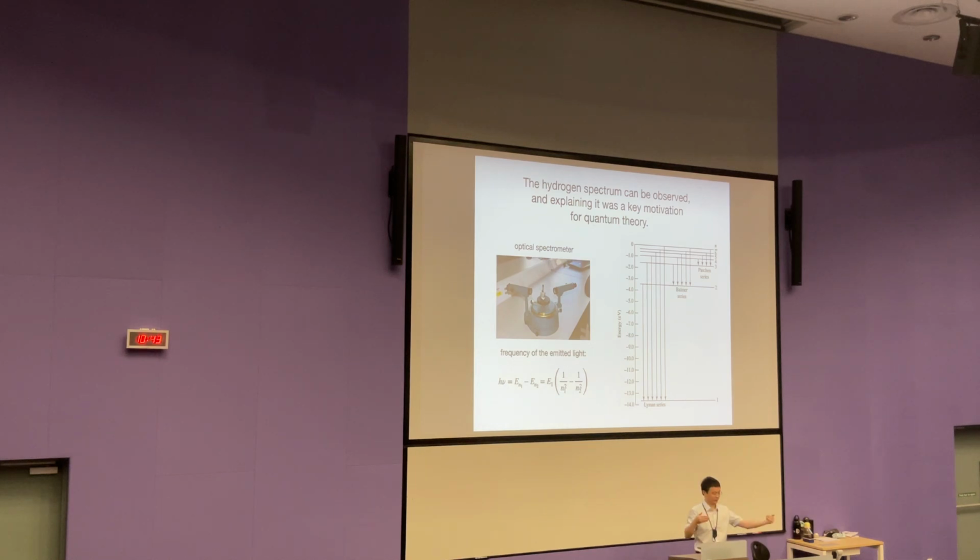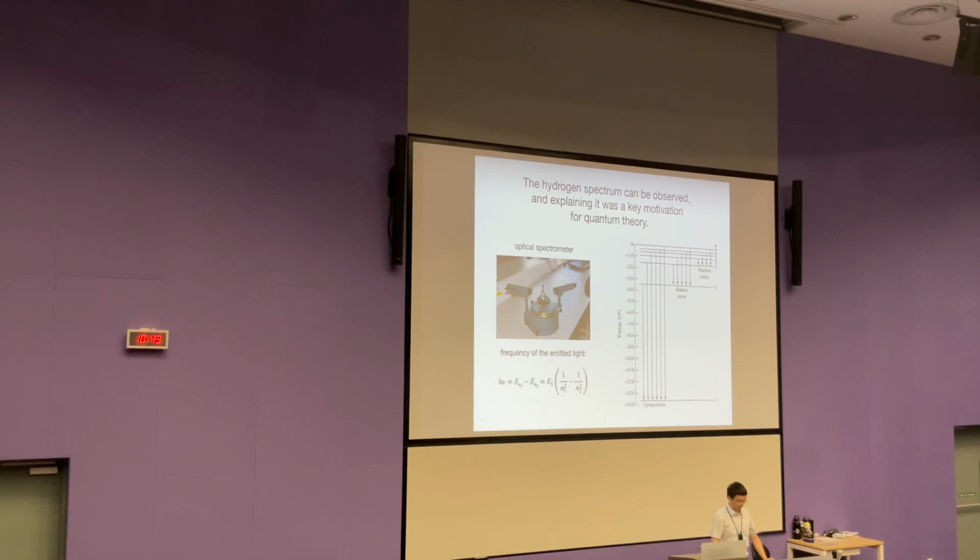So when light goes through the prism, it will be propagating in different directions. Then by moving one of those telescopes, you will identify the position or the angle of the light, and then you can read off the frequency.